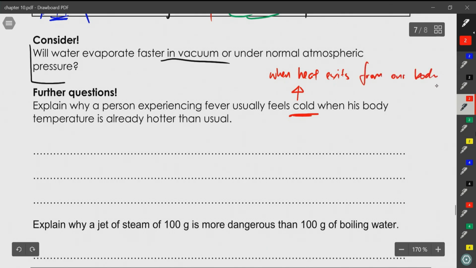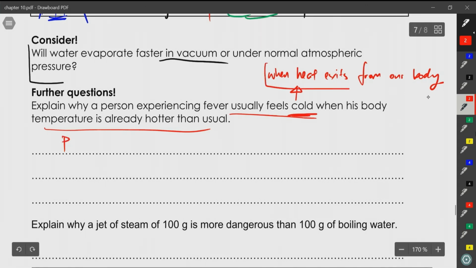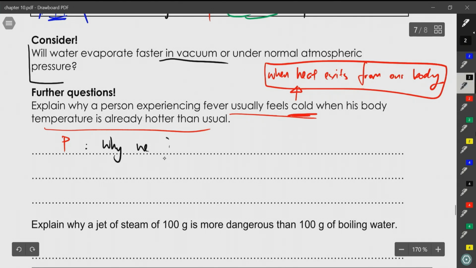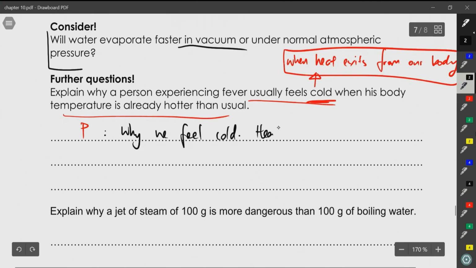The second principle that we want to bring in is why heat would exit from our body: because heat travels from a hotter to a colder region. Then we can relate to the question.